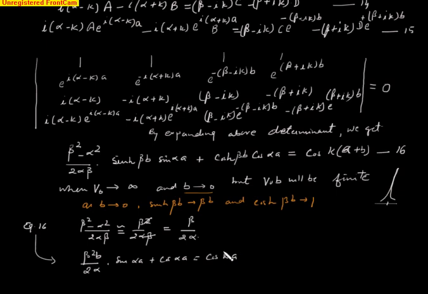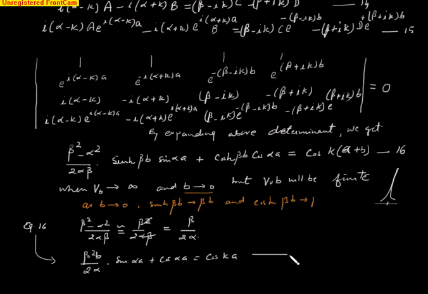This is cos ka because b approaches 0, so we get cos ka only, and this becomes 1, and this is beta b, and out of that beta b, this beta will cancel out, and this b will come here. So that is the equation we get from the above approximation.